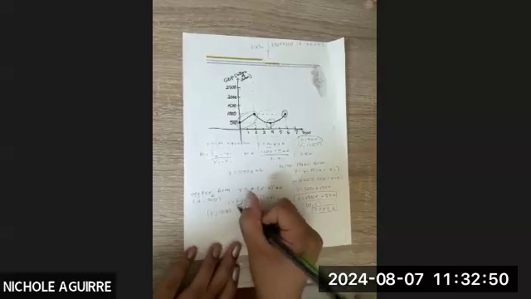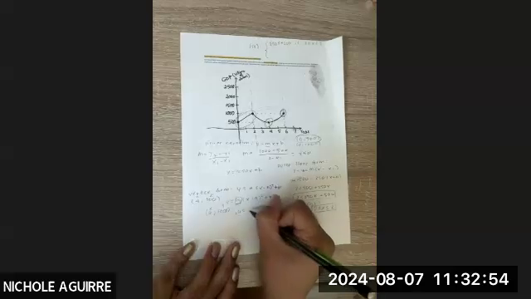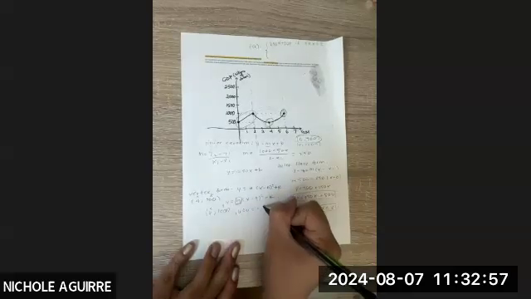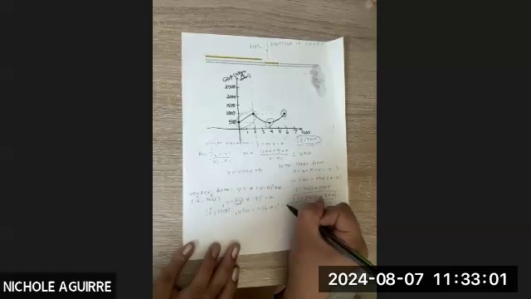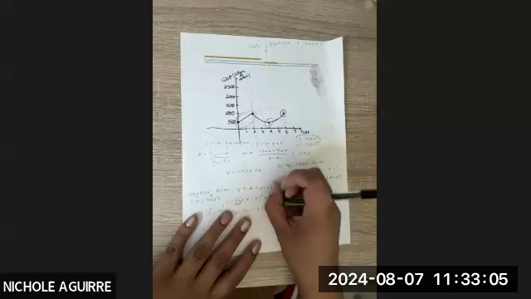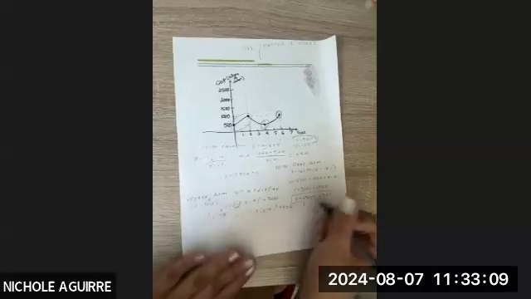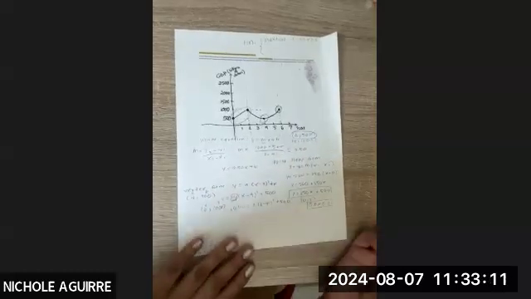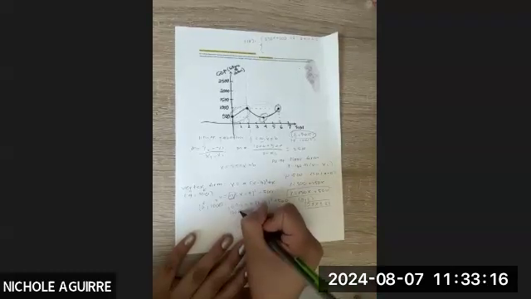So we just input it here for x and y. So it's going to be 1000 equals a(6 minus 4) squared plus 500, because this is the k that I never put in. And then we just solve for a.